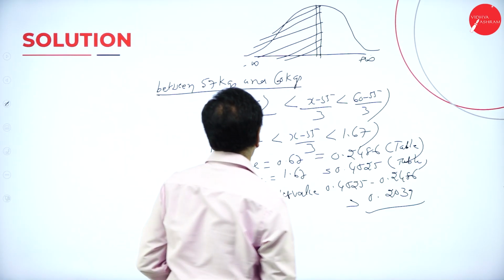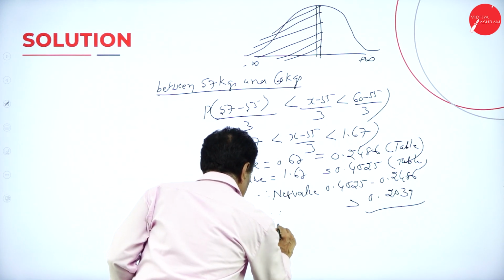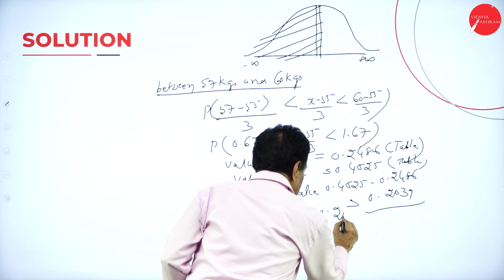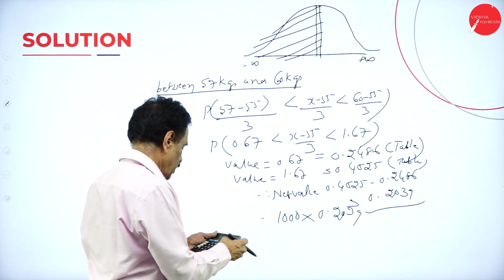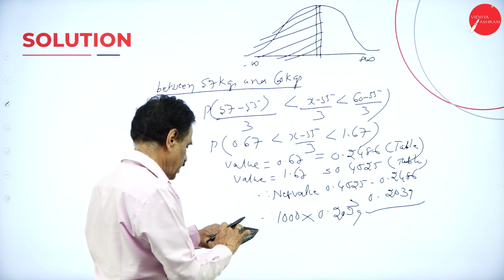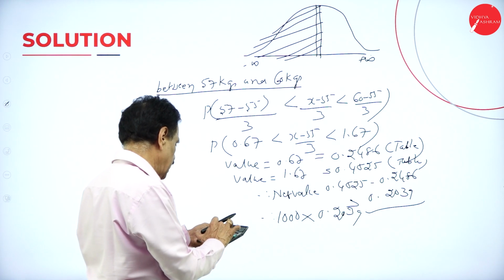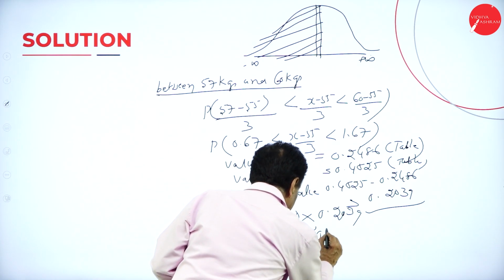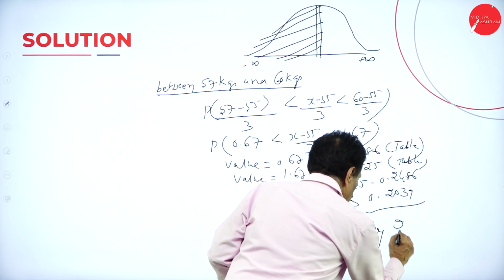Next, for the 1,000 students, 1,000 into 0.2039 is 203.9, say 204.